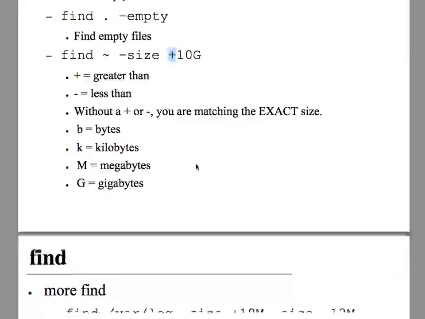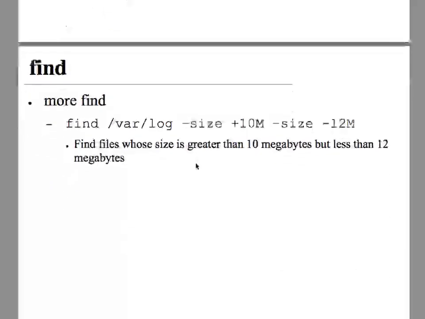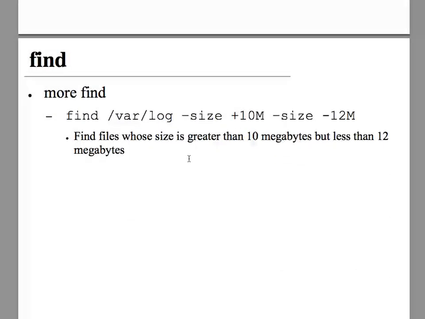Okay, let's look at another example. Give you a second. Let's think about this. Find, starting with the var log, and var usually contains log files. Dash size plus 10 megabytes. So wait a second, here's a second dash size, 12 megabytes minus.